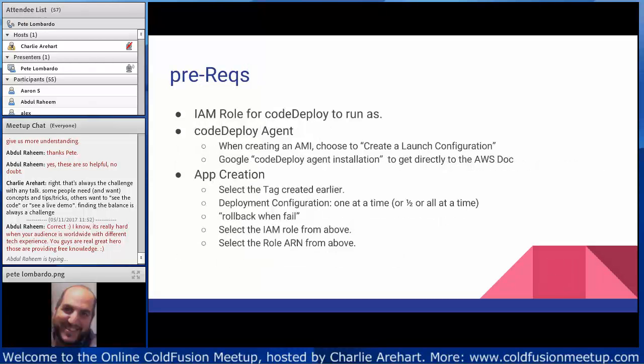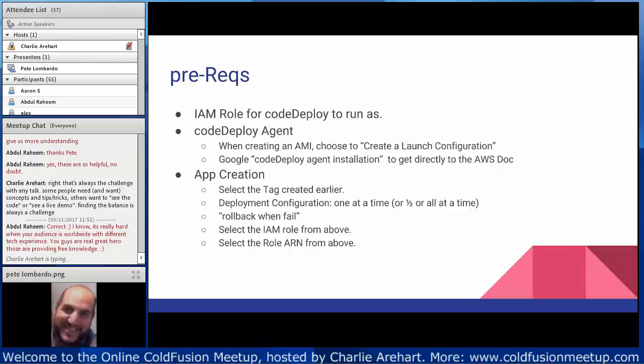So to actually do it, you'll want to create your IAM role for CodeDeploy. And this is important to note: the CodeDeploy agent, when creating an AMI, you'll need to create a launch configuration.